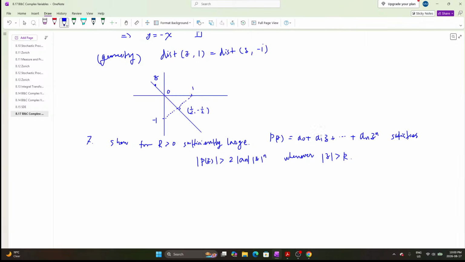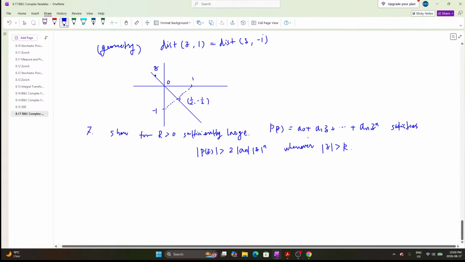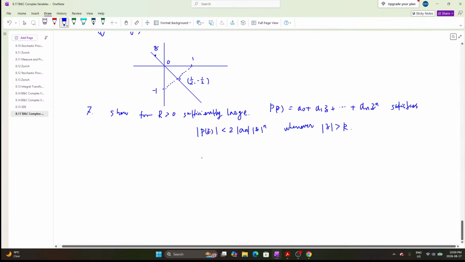So I guess we still want to somehow group together the contributions from the lower order term. Actually, this is less than. Sorry, my bad. This should be less than. What am I doing? This should be less than. This is the upper bound. Okay, upper bound for the modulus of p of z. So this is our goal.